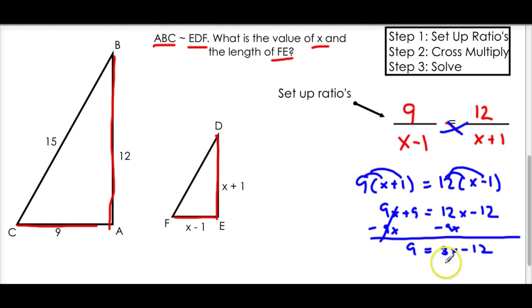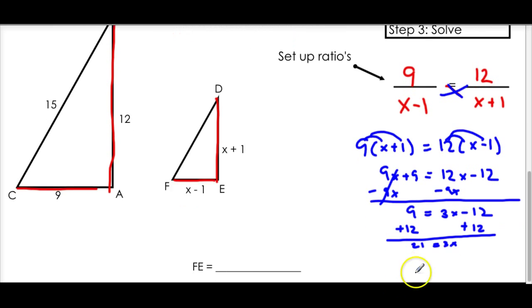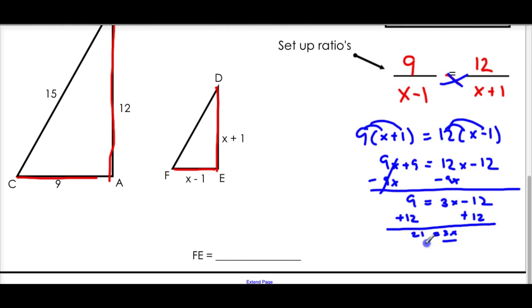I'm going to add 12 to both sides now. So I'm going to add 12, and I get 21 is equal to 3x. Whew. Now to divide by 3, and we get x is equal to, well, 21 divided by 3 is 7. All right, x is equal to 7.